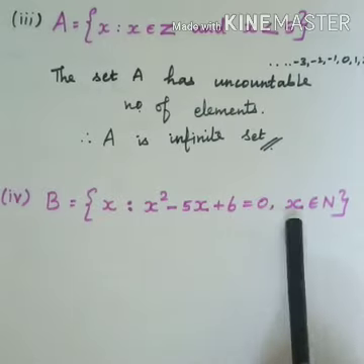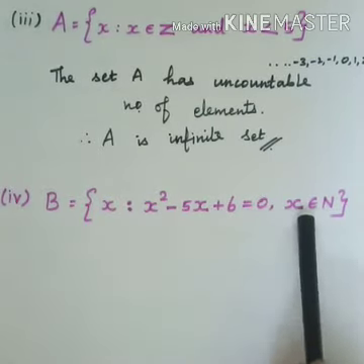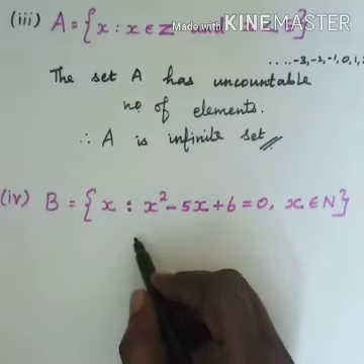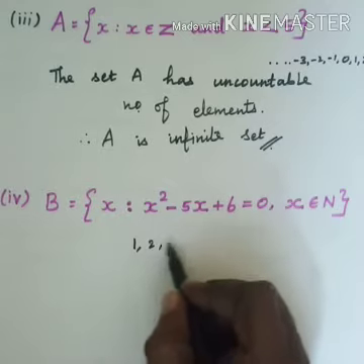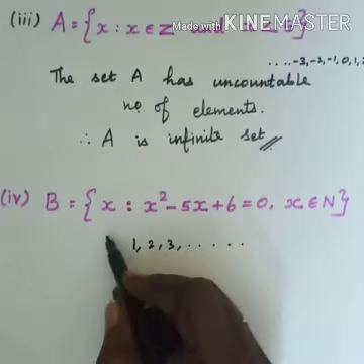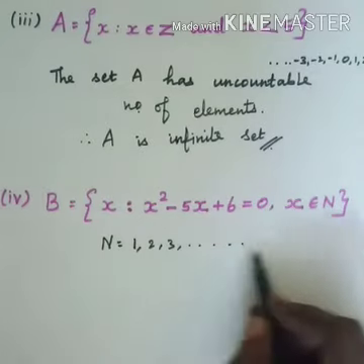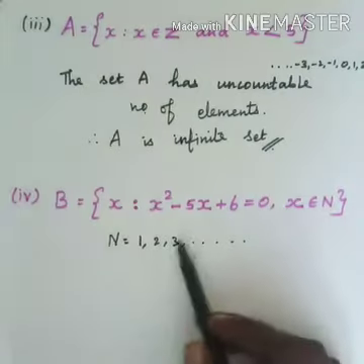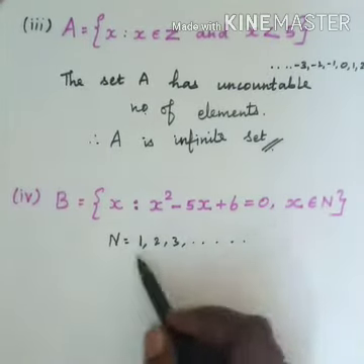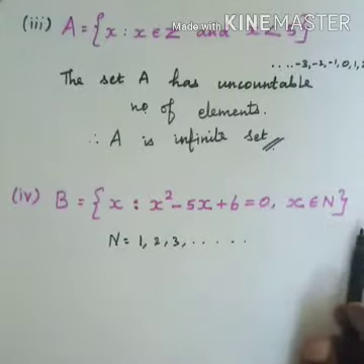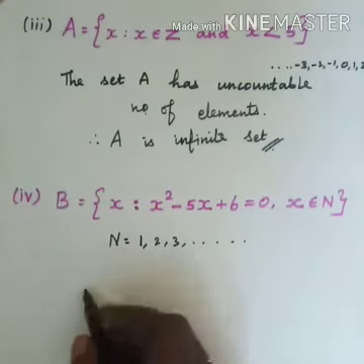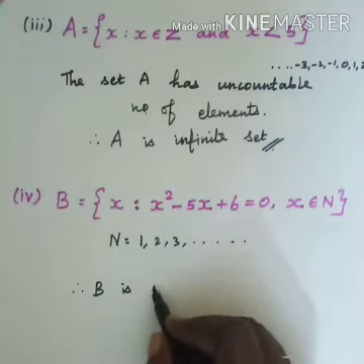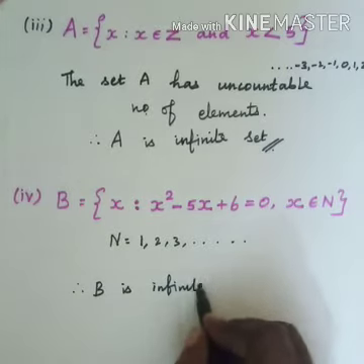Here x belongs to natural numbers. Natural numbers start from 1 and have no end: 1, 2, 3, and so on. They are not given any condition for x. Therefore, the set B is an infinite set.